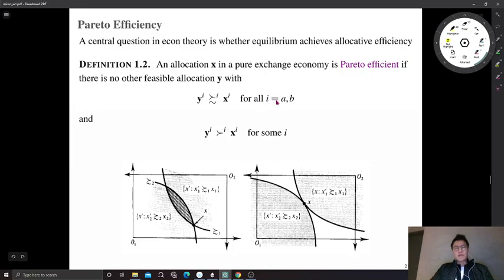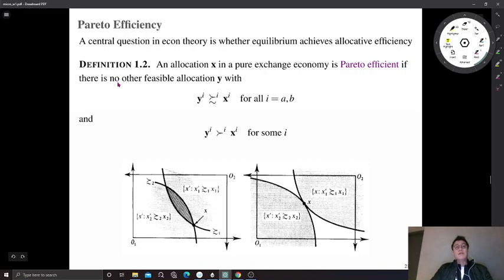So for both consumers, both consumers weakly prefer allocation Y to X, okay? Because we have this symbol, meaning that it allows for indifference between two allocations. Okay? And at least one consumer strictly prefers allocation Y to X. Okay?